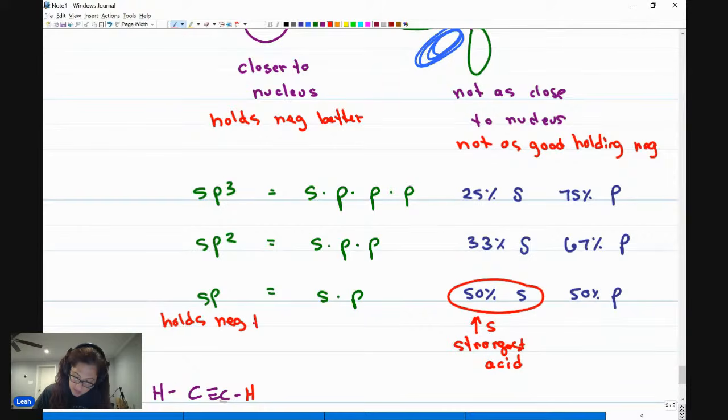But if we look at this one right here, which is very low S, it's only 25%, that means the sp3 is worst at holding the negative. And that is what we have to compare.